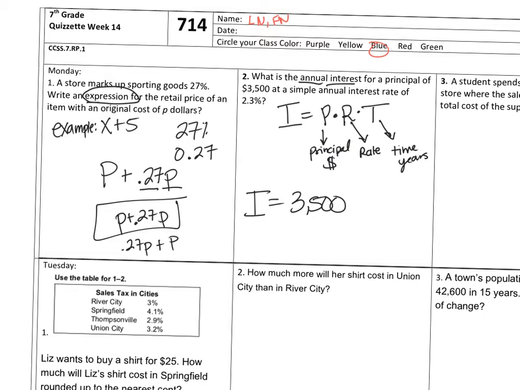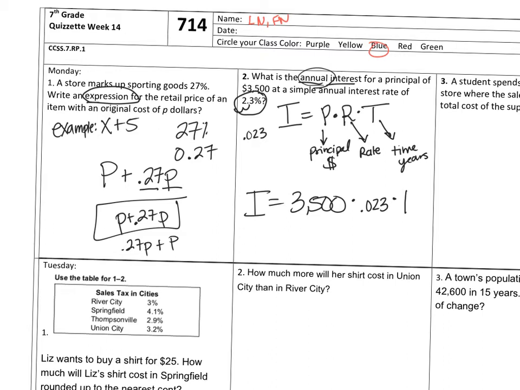The rate is 2.3%, but you have to turn that into a decimal. It's already in decimal form, but you're trying to get rid of the percentage symbol. So you move it 2 places to the left. That's 0.023 times, it doesn't give you time. It just says what's the annual interest rate. And annual means every year. So that just means times 1.